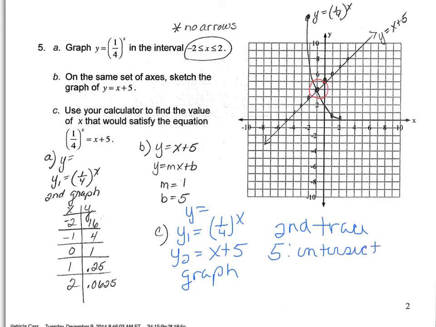And if we actually traced it, we would end up with the point that we can see, which is (-1, 4). But that's my point of intersection. They want me to find the value of x that satisfies it. Well, the x would be the x value of my point of intersection, so my answer would be x equals -1. Okay, let's go on to the next page.